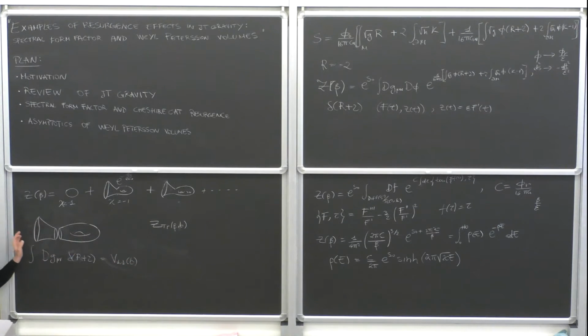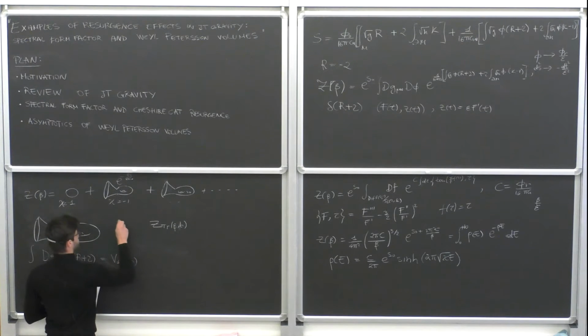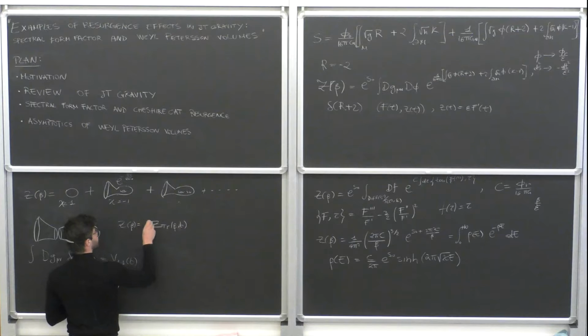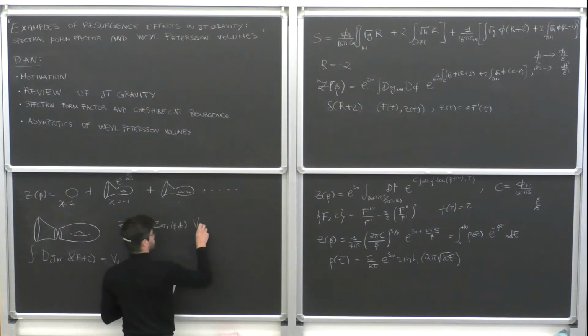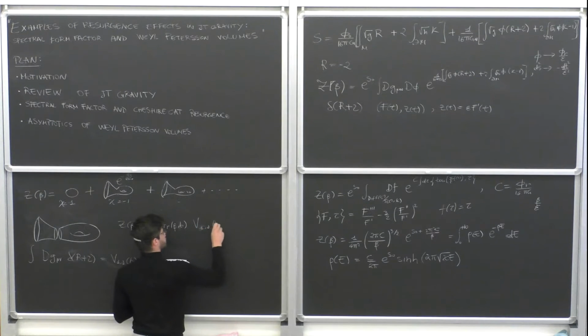Okay, and once that we have all these ingredients, then we can compute this path integral basically by gluing along the geodesic these two components, genus 1 and 1 boundary.